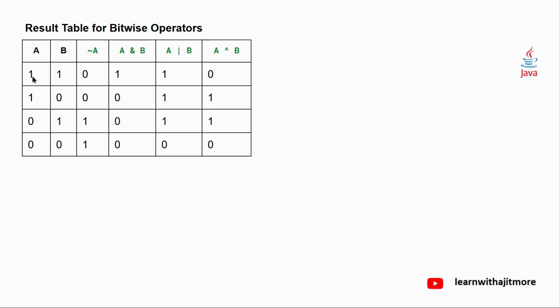Tilde of A: as it is 1, it becomes 0, 0, 1, 1. ANDing: both are 1, therefore 1; in all other cases, 0. ORing: when at least one is 1, you get 1, so 1, 1, 1, 0. XORing: both bits the same, 0; both bits differ, 1; and both bits the same again, 0.